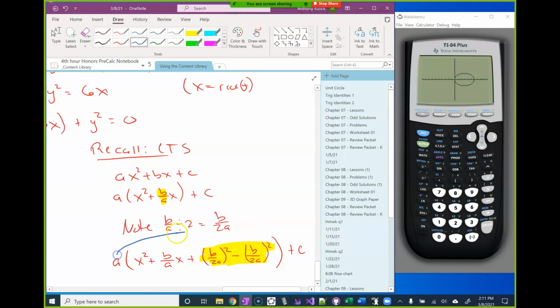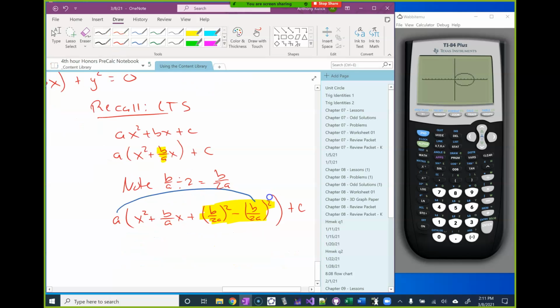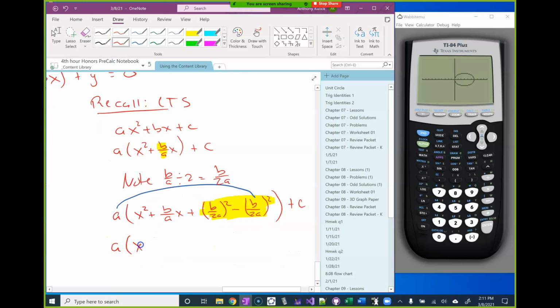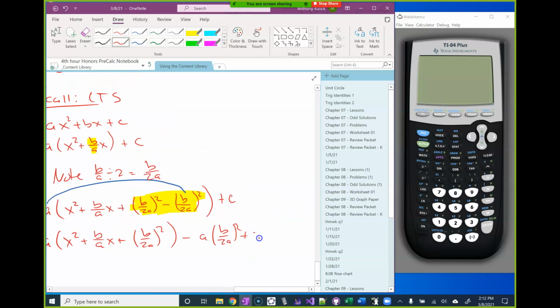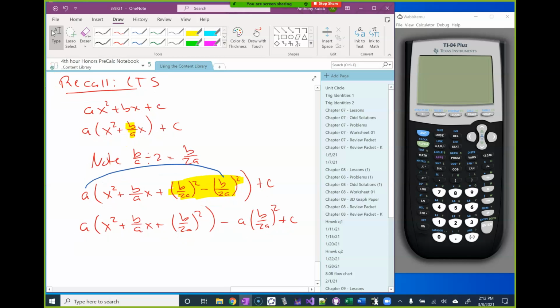So the trick now is I'm going to distribute the a to that piece to kick it out of the parentheses. And this piece here now is a perfect square.